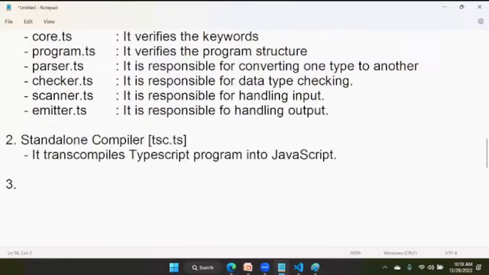First, what you wrote in TypeScript is not directly translated to JavaScript. First, it will be compiled, and it will verify there are no errors in the program you wrote. If your TypeScript program is error-free, then only it is given to the standalone compiler. What is the standalone compiler going to do? It will translate into JavaScript. That is what it will do.